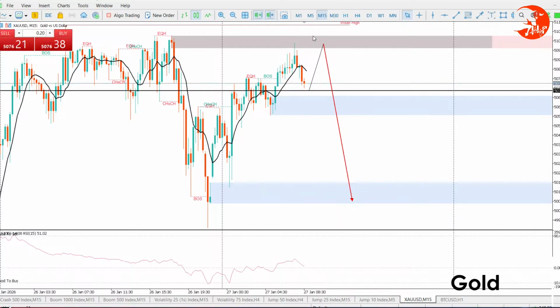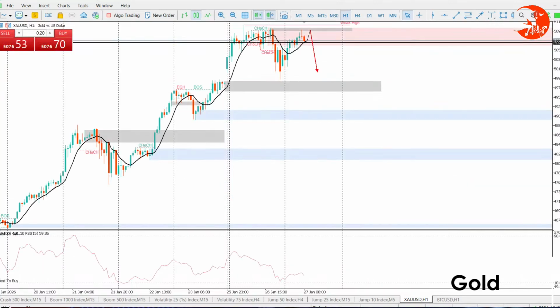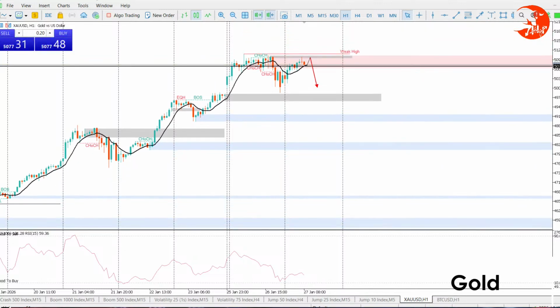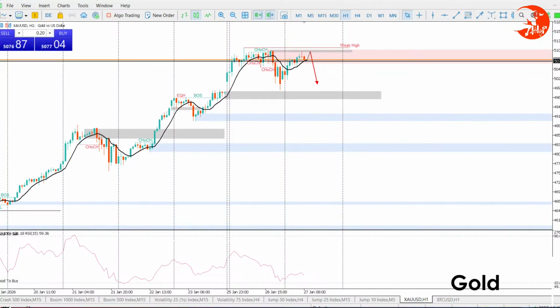If it fails to break that resistance up there, then we will come in with our entry. The other level I'm talking about is that other level.